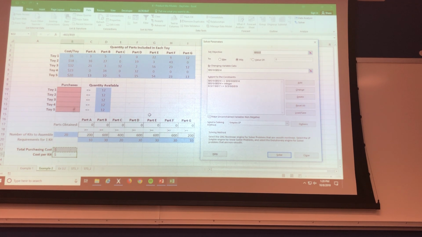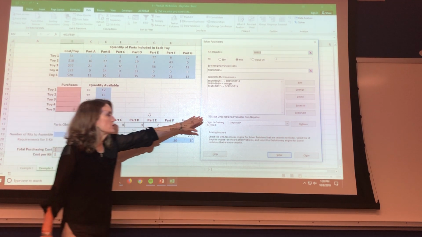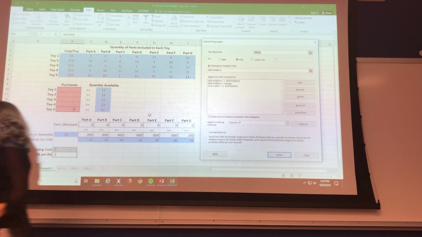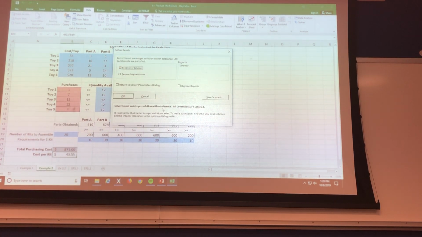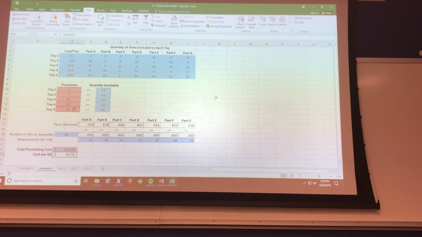This should be checked, this should be Simplex LP. Solve it, and it finds a solution. Okay, that's the solution. At this point, what you know is grab your checkbook and go to the store and buy 1 toy 1, 7 twos, 12 for the next one, 12 for the next one, 4 for the next one. I mean, that's it.